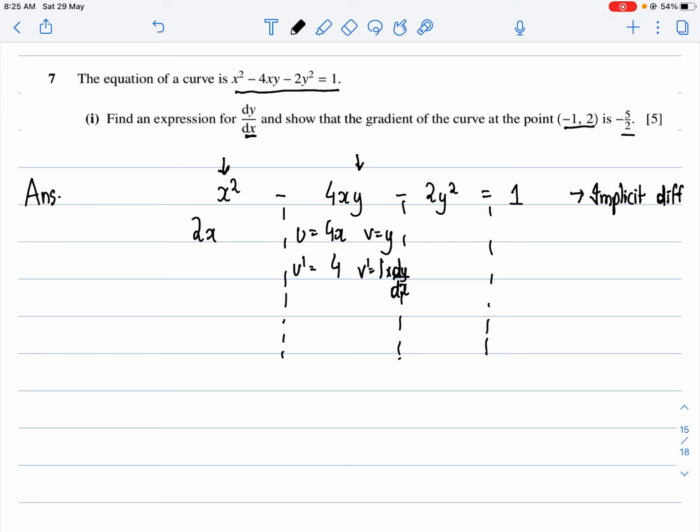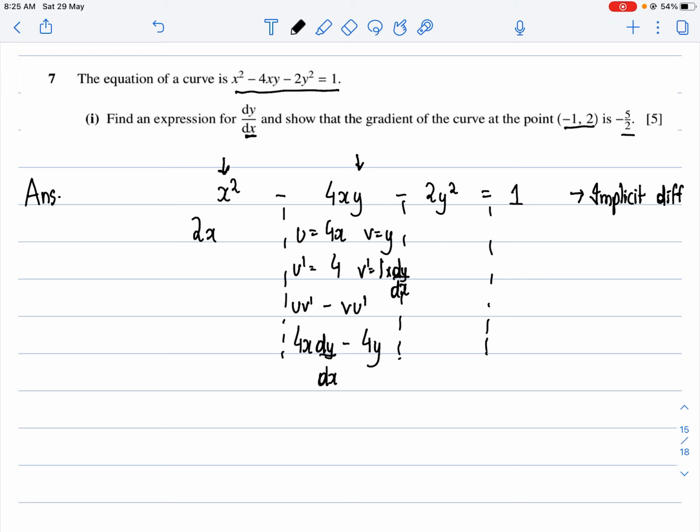Now my formula is simply uv dash plus vu dash. So we can write this as 4x dy by dx plus vu dash, which is 4y.